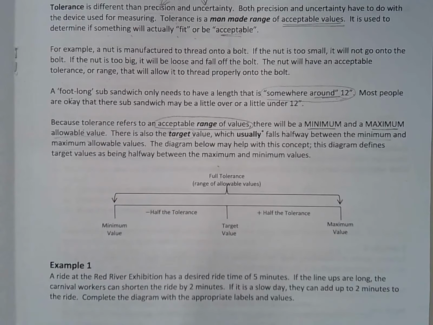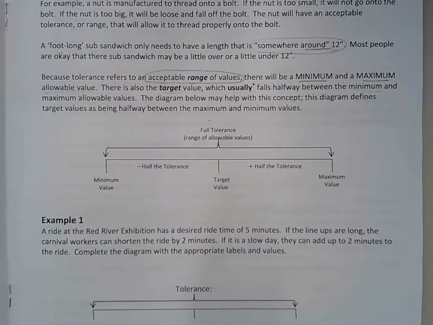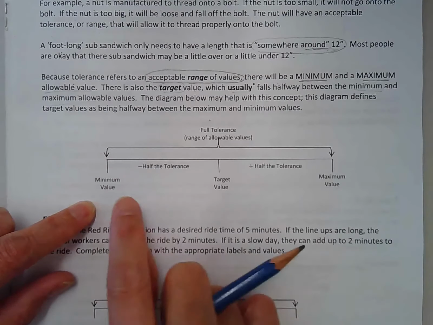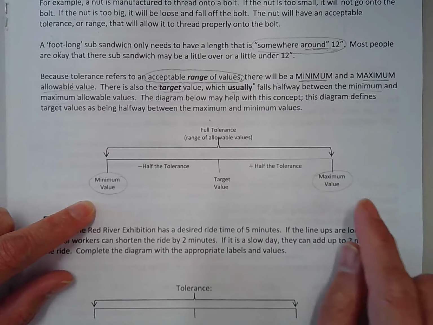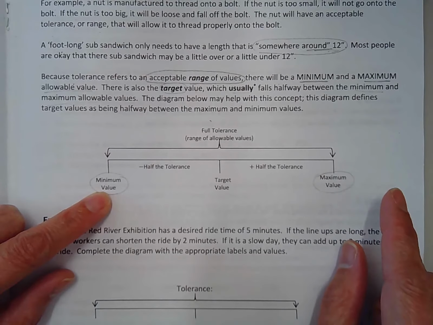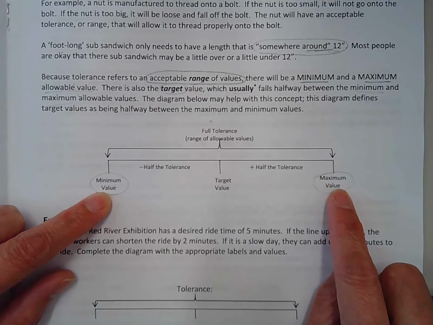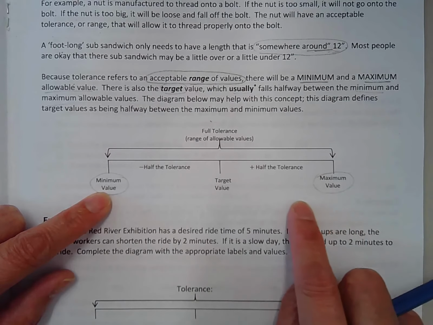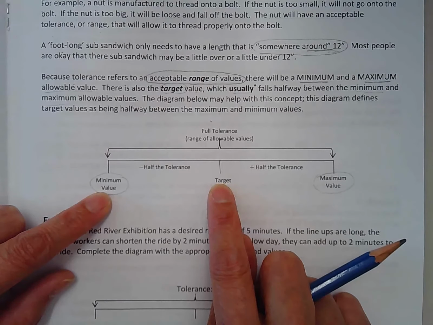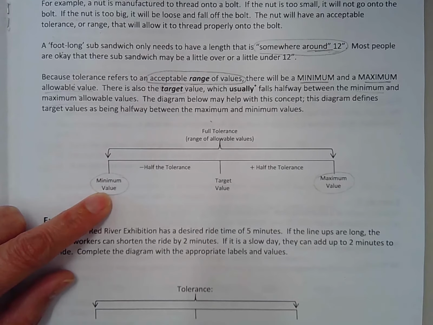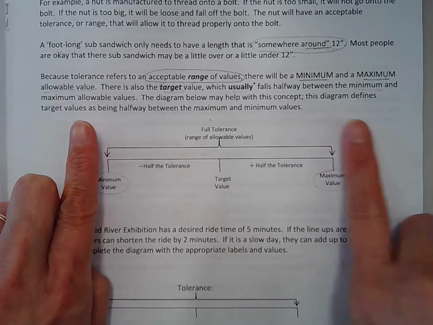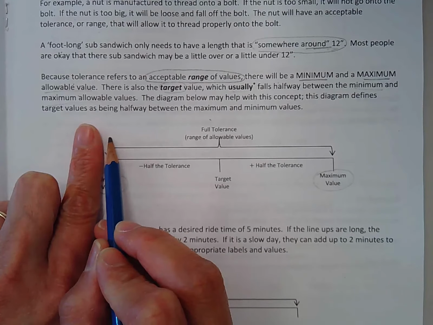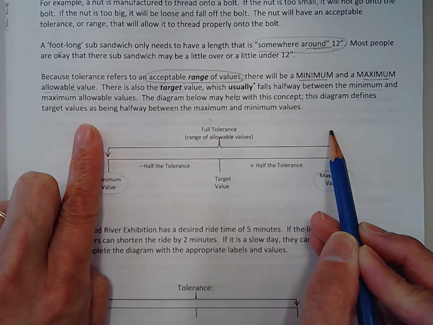So the diagram below helps us to visualize the halfway point. This is the minimum, this is the maximum. Minimum, the smallest value that's allowed, and the biggest value that's allowed. The target would be somewhere in the middle, right?